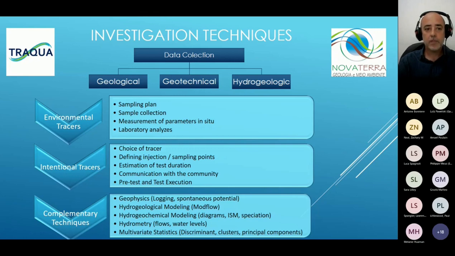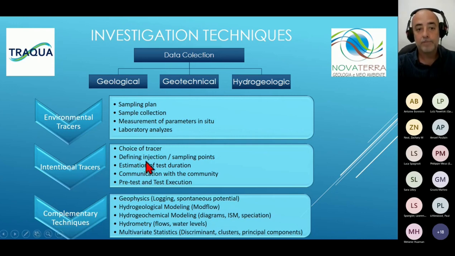And we use environmental tracers like hydrochemistry, isotopes, and after this point, we use the artificial tracers. We choose the most applicable tracers.